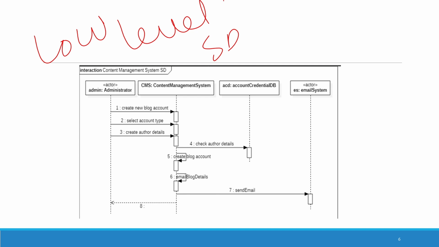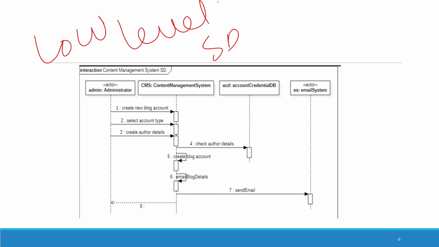So at the very beginning, the administrator actor will create the new blog account. It invokes the content management system, the CMS. Next, the administrator will select the account type. In the third stage, the administrator will enter the author details.